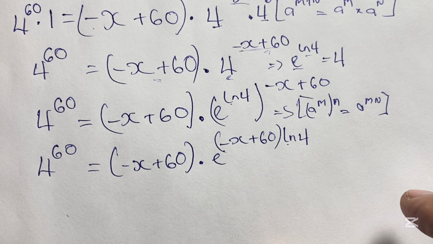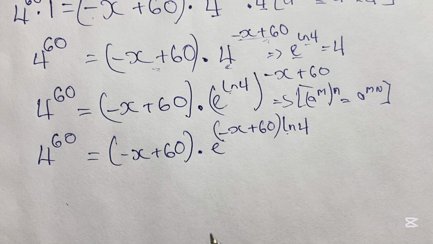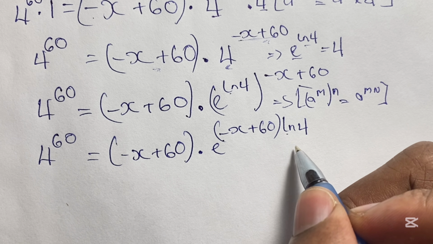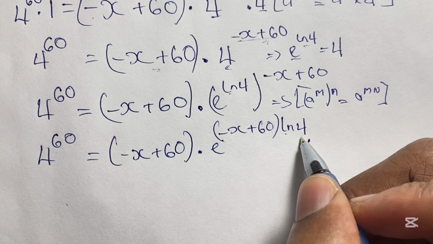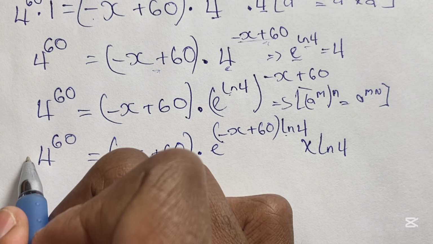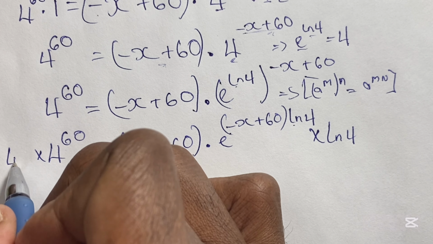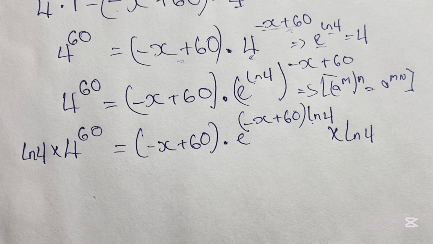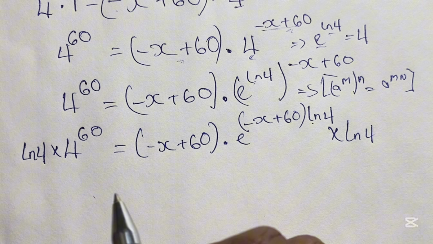We quickly resolve this issue by multiplying both sides of this equation by ln 4. So what that means is that the -x + 60 in the base is just going to be multiplying ln 4. So we have to do this on both sides, so we also have to do it on the left hand side. So on the left hand side we have ln 4 times 4 to the power of 60.